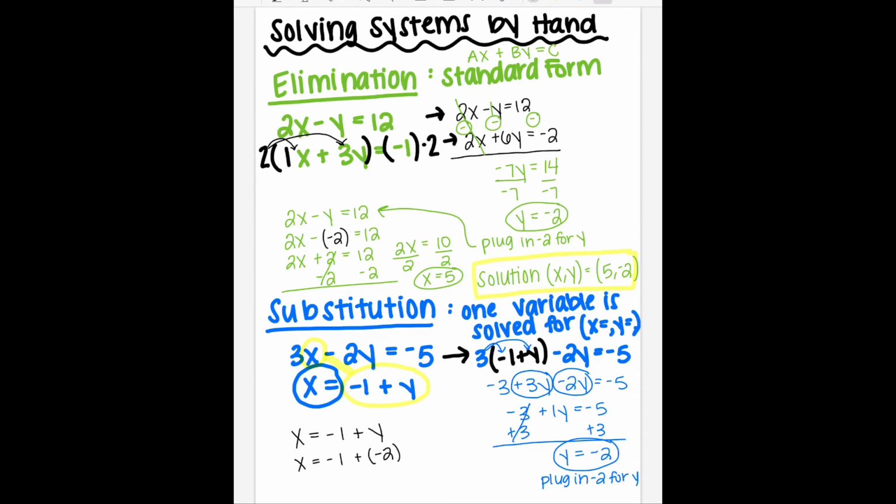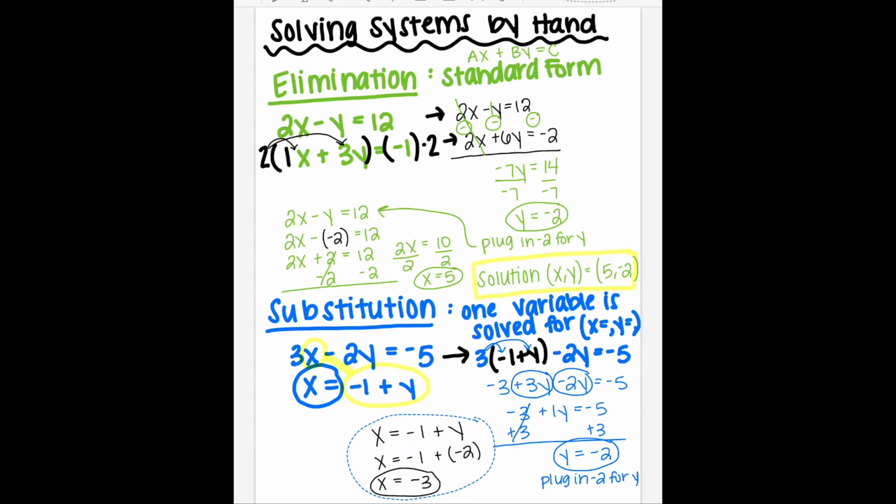You could have picked the first equation. I just picked the second one because now we're trying to solve for x, and x is already by itself in this equation. So x equals -1 plus -2 is -1 minus 2, which is -3. So this is the second piece of our solution.